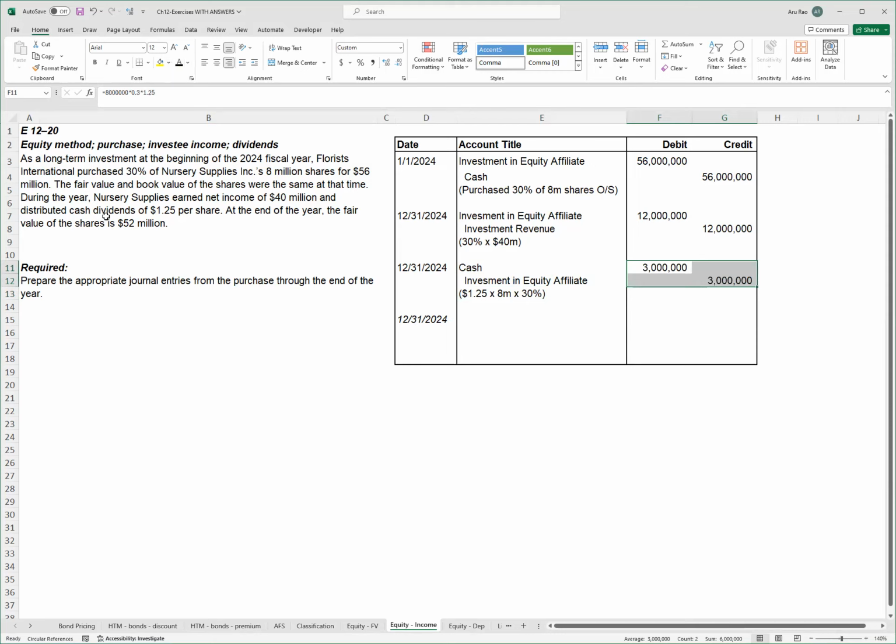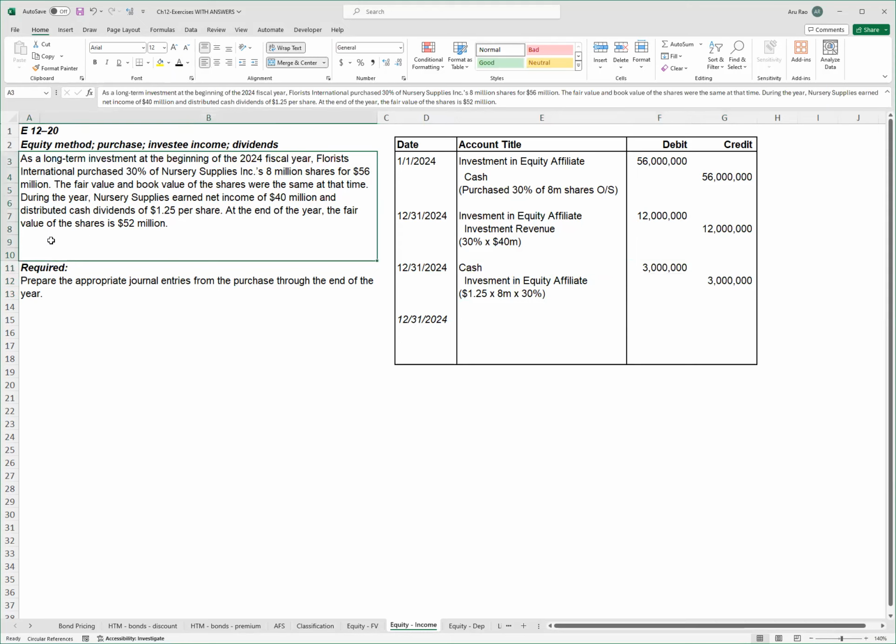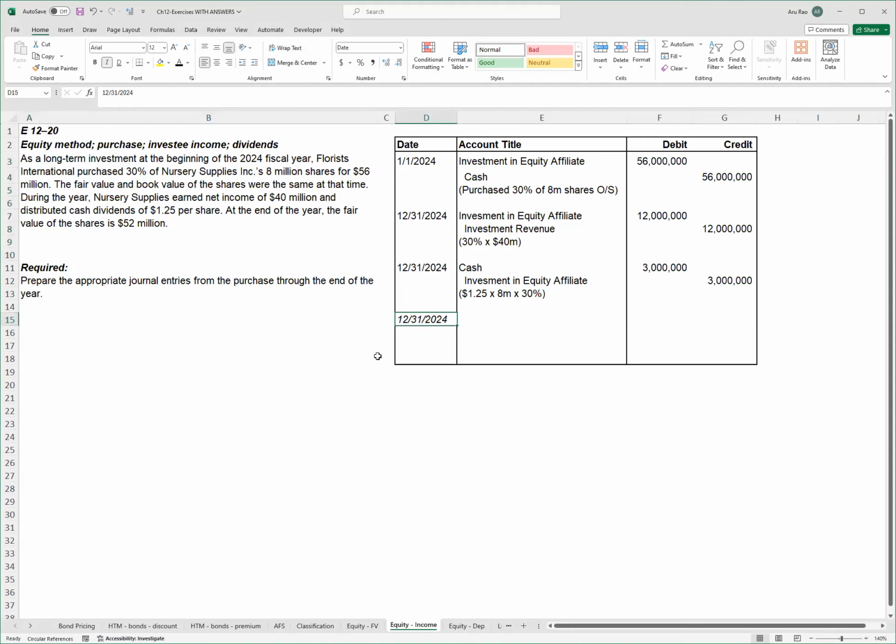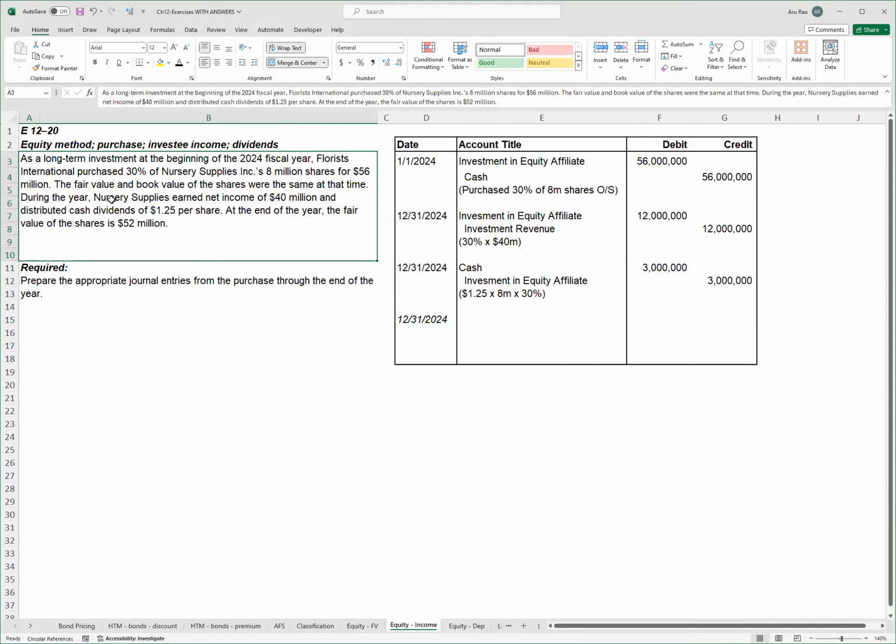Finally, they say at the end of the year, the fair value of the shares is $52 million. December 31st, fair value is $52 million. I paid $56 million, fair value is $52 million. Stop and think, which method are we using? We are using the equity method. So I will ignore the fair market value at the end of the year.